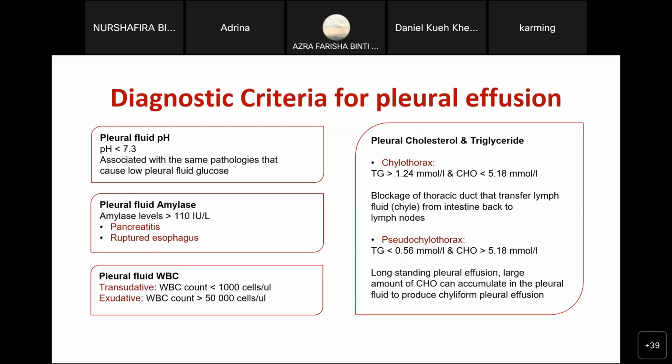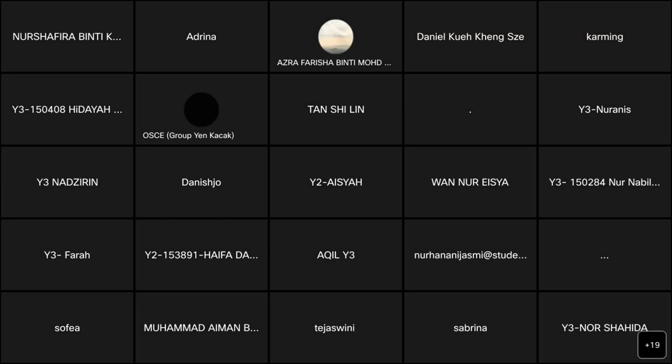Okay, for ABG, I think that's all for pleural effusion. For ABG, you have to differentiate whether it is respiratory failure or metabolic causes, and you have to know type 1 respiratory failure and type 2 respiratory failure and their causes.